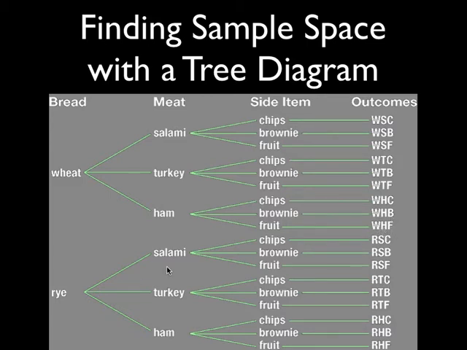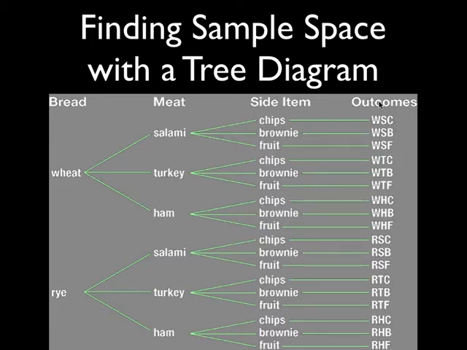For the rye bread, the same thing. Rye bread, salami, and chips, that's RSC. Rye bread, salami, and brownie, that's RSB. Rye bread, salami, and fruit, that's RSF. And rye bread, turkey, and chips; rye bread, turkey, and brownie; rye bread, turkey, and fruit; rye bread, ham, and chips; rye bread, ham, and brownie; rye bread, ham, and fruit.